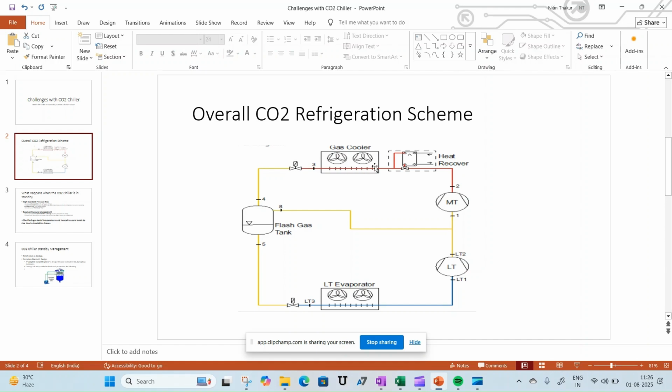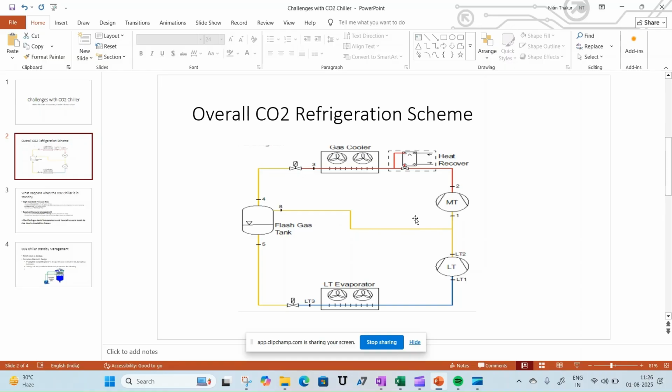The CO2 gas is in a transcritical state, goes through the expansion valve, and out of the expansion valve, it will be a liquid and a gas. The liquid will be accumulating in the bottom of the flash gas tank, going into the expansion valve, going into the LT evaporator, whereas the flash gas will be going back into the medium temperature compressor.